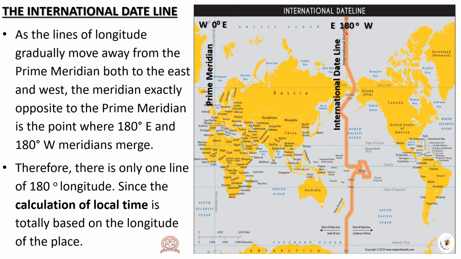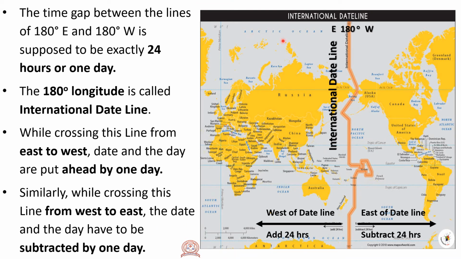Therefore, there is only one line of 180 degree longitude. Since the calculation of local time is totally based on the longitude of the place, the time gap between the lines of 180 degree east and 180 degree west is supposed to be exactly 24 hours or 1 day. The 180 degree longitude is called the International Date Line.